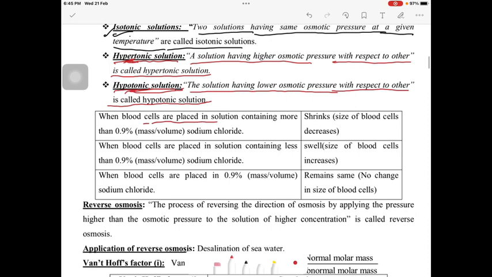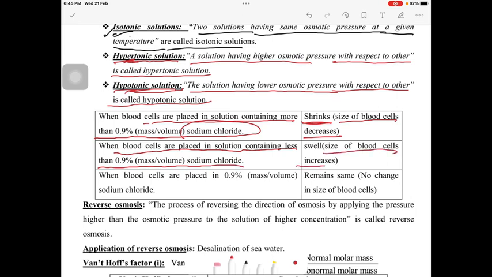When blood cells are placed in a solution containing more than 0.9% sodium chloride, the blood cells shrink. When placed in a solution containing less than 0.9% mass by volume sodium chloride, the blood cells swell.